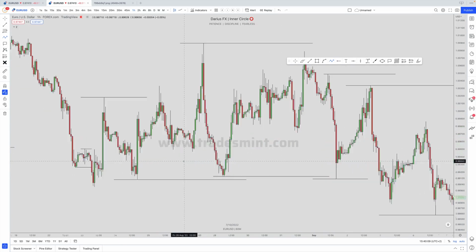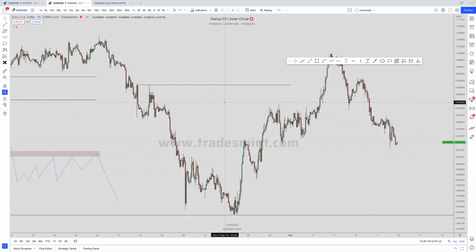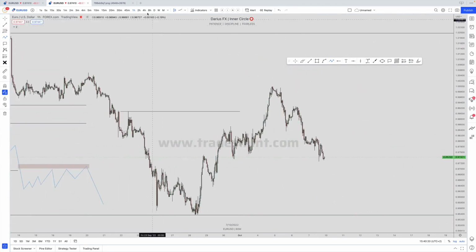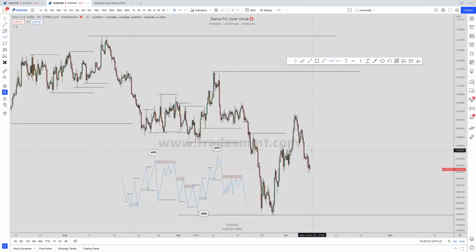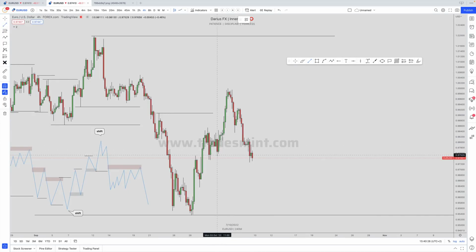Okay, so for instance, if we go to the latest example that we just mapped out here, because we mapped out everything pretty detailed, let's just make this last example. So you can see here again, price made breaks of structure to the downside.